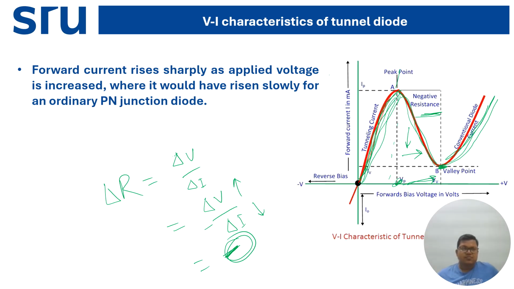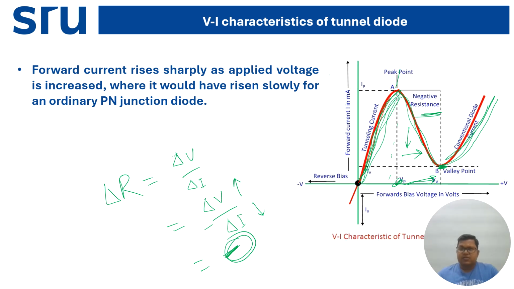So this is the main or basic interesting thing about the tunnel diode, that it has a negative resistance region, it has a tunneling current dominated region, and it has a conventional diode region. So these three regions of operation are mostly important for any kind of analysis of the tunnel diode.